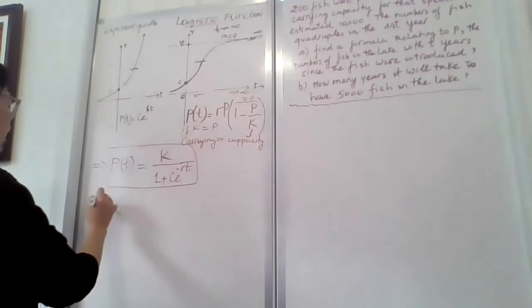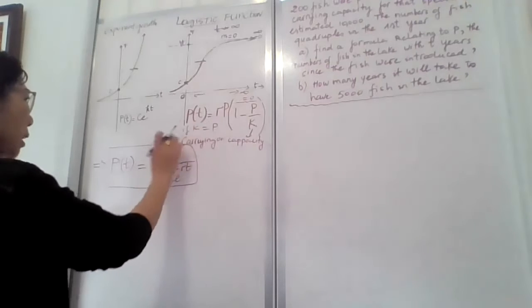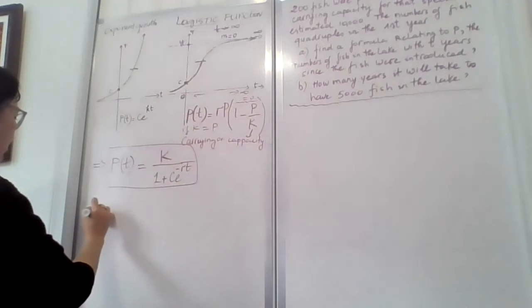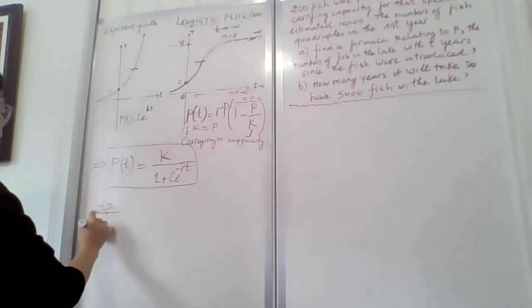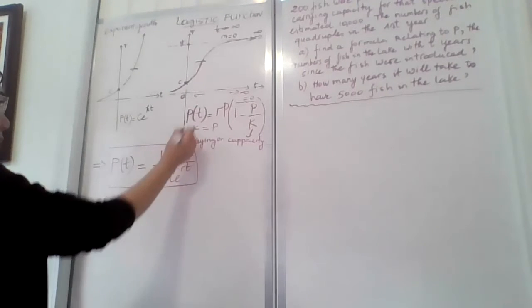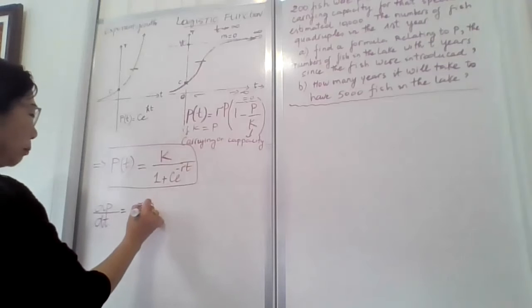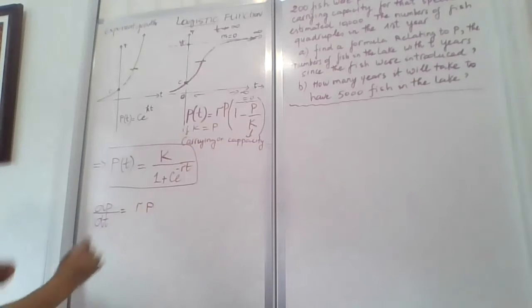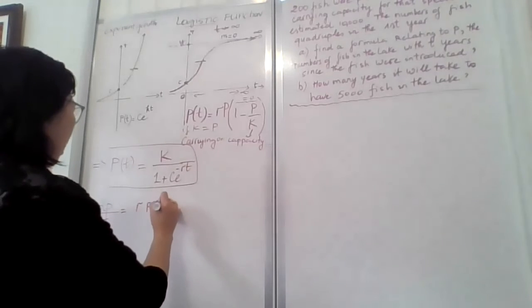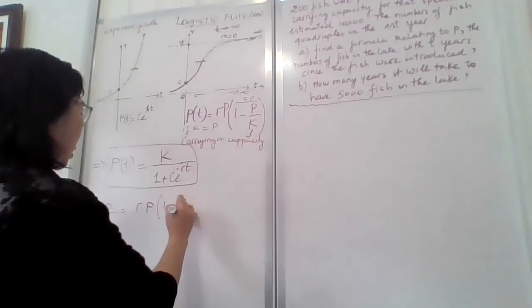Now, let me copy this formula again. And this time, instead of putting p with respect to t, I can put dp, the derivative of p over dt, on the left-hand side, equal to a certain rate multiplied with that population p, times r minus p over k.